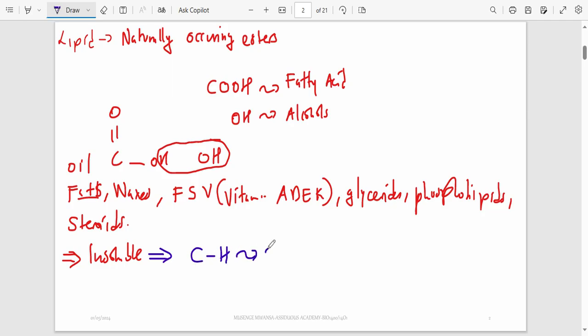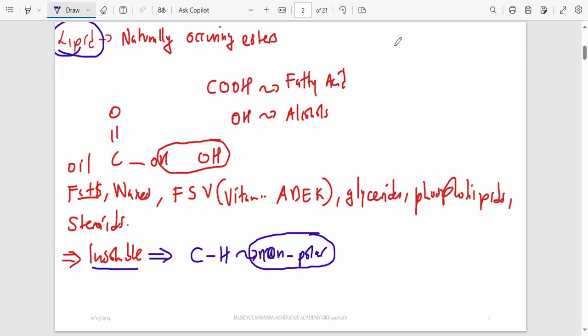This is because these bonds are non-polar. Because these bonds are non-polar, they are going to form non-polar molecules, and non-polar molecules cannot mix with polar molecules. That is why lipids are going to be non-polar, because they have non-polar bonds, and that will make them insoluble.